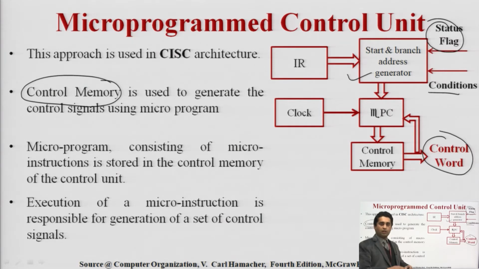All the codes are already written, and you just need to fetch them to get the opcodes, the control words, and the control signals for execution. The execution of these micro instructions is responsible for generating the set of control signals. We will see the relation between microprogram, micro instruction, and how the micro codes or micro signals are generated.